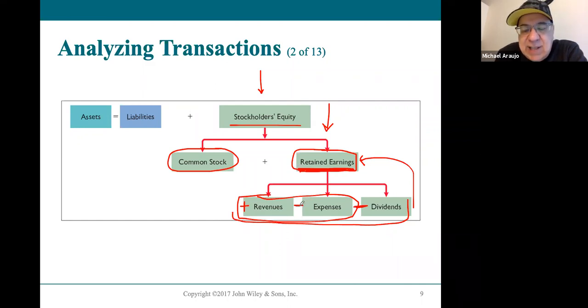Expenses obviously take away from retained earnings because they take away from that revenue. We use the revenue to cover our expenses, yes. So in essence, all expenses take away from retained earnings in the big picture because they take away from the profit. The more expenses you have, the less profit you have. So expenses take away from the profits of the company.